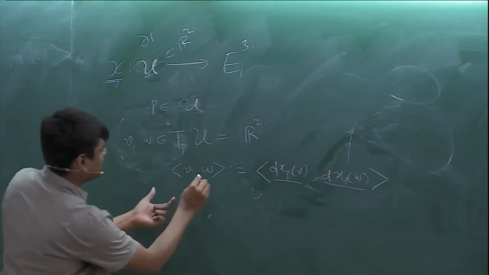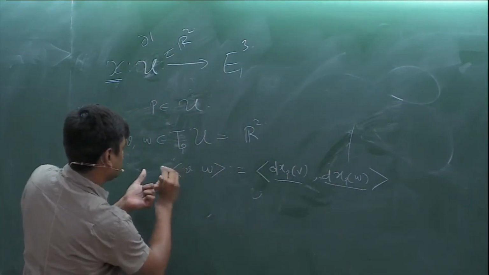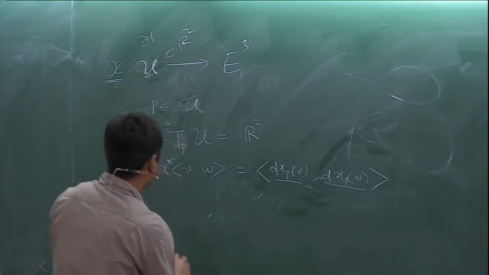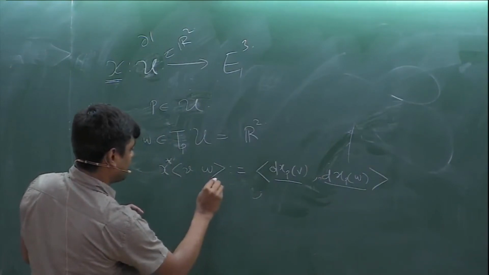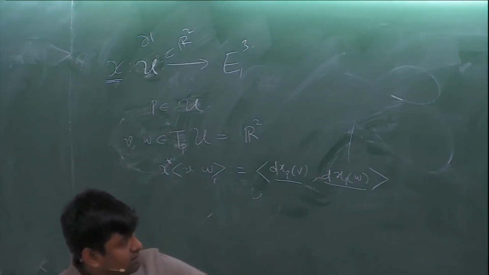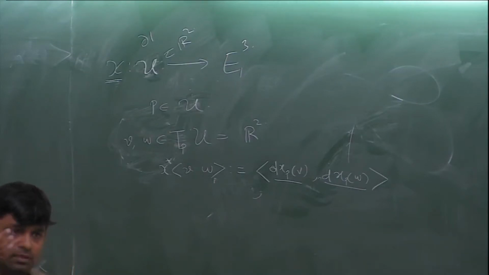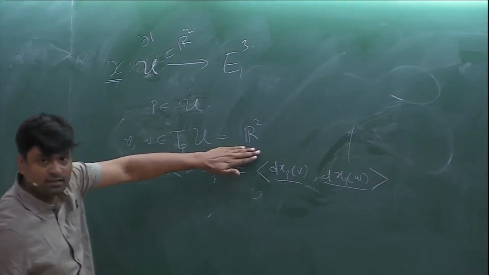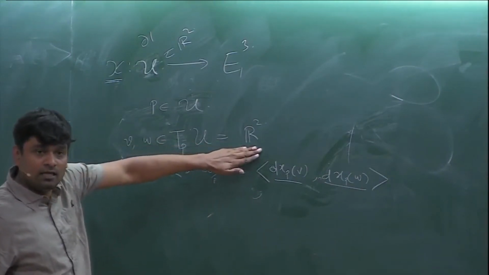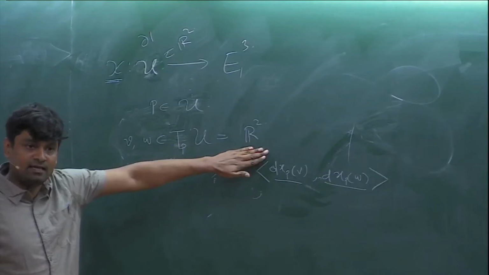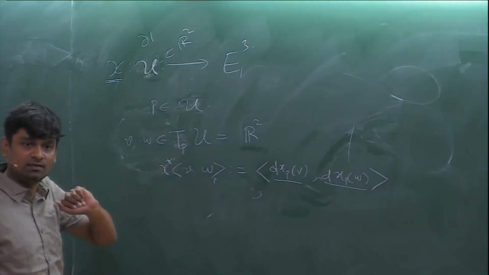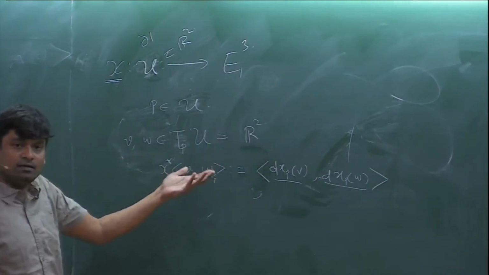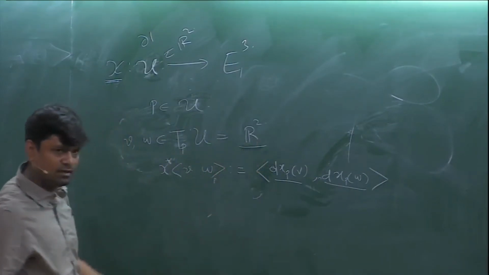So let us denote this X star at P, the pullback metric. So in this pullback metric, if this space becomes space-like, then we say that immersion is a space-like immersion for every point P. And if it is time-like, then time-like immersion.